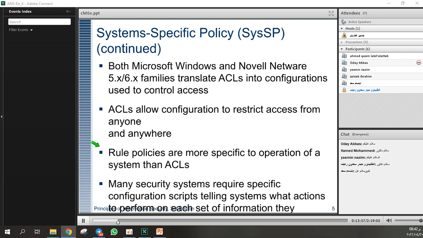And now I have two different systems. One of them is Windows, the other is Novell NetWare. They have their own languages, and they have their own procedures for operating with access control lists.